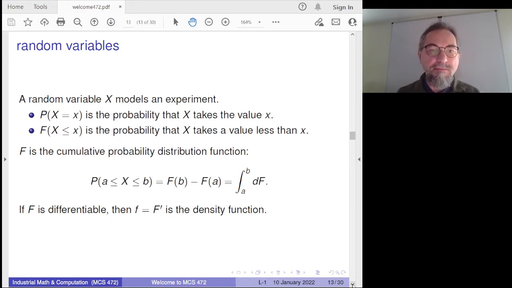So we have a probability function, and we have a cumulative probability distribution function F that asks for the probability that the outcome is less than a given value. Calculus looms here in the background, so there is a relationship between the probability and the cumulative density function.